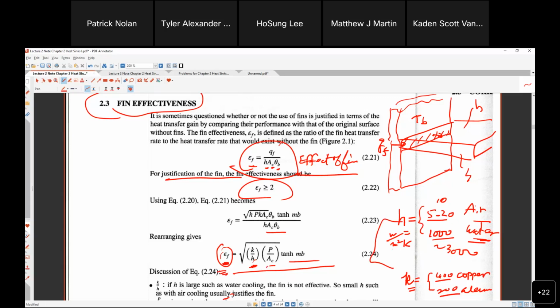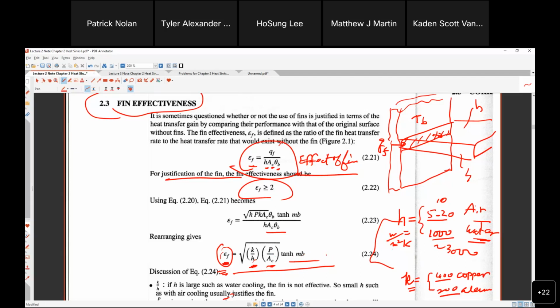So now another question: P over A_c. In order to make a high effectiveness, what would be the shape of the fin with this? P is perimeter, A_c is cross-sectional area. Now tell me, you're smart. What would be the shape of the fin just using P and A_c? For a given volume, think about it.